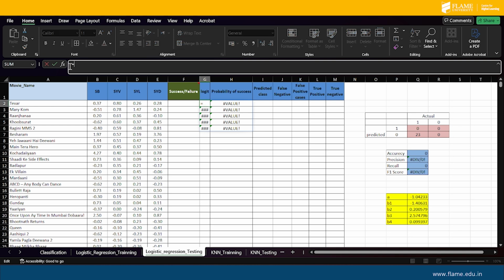Come over here. So if you need, you can directly transfer this or directly use those values in the training sheet, in the testing sheet, but here I'm doing that separately. So first select this one.